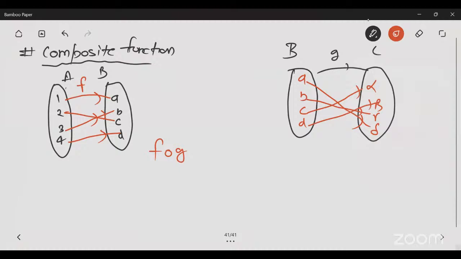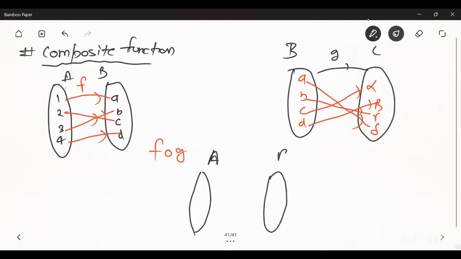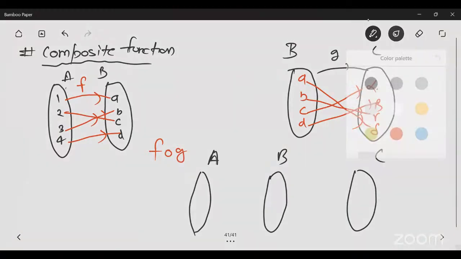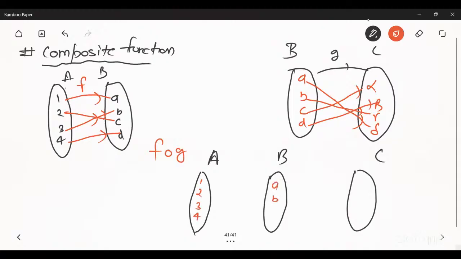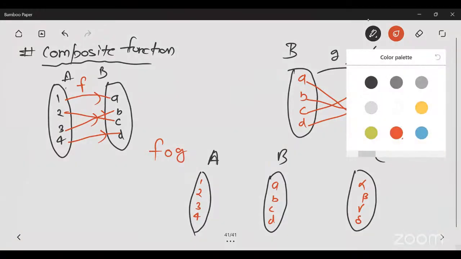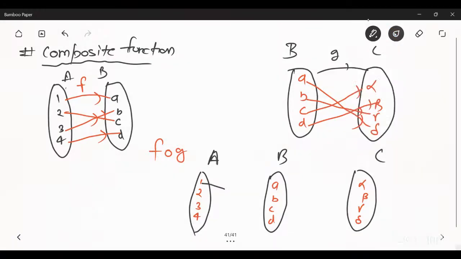Now take three sets. That was A. Second one is B. Third one is C. Now A has the elements 1, 2, 3, 4, and B has the elements A, B, C, D. C has the elements alpha, beta, gamma, delta. Now the mapping is from 1 to A. That was of function f.